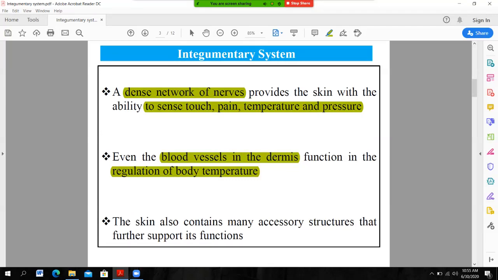They regulate the temperature of the body by means of an important mechanism like vasodilation. The skin also contains many accessory structures like hair, nails, and exocrine glands, and the function of these is to support the skin.